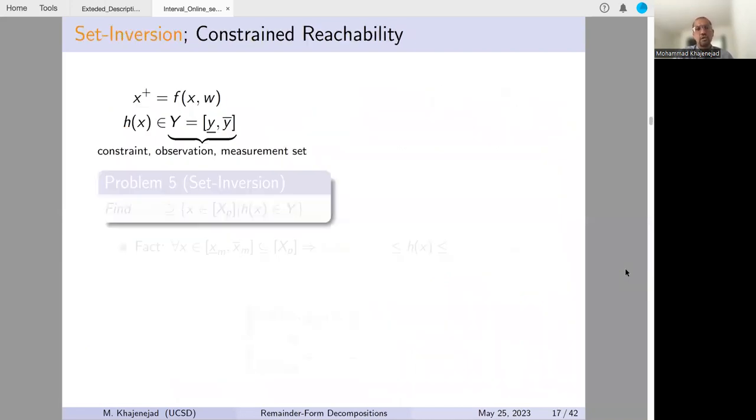However, as you know, in practice and in real applications, we usually have constraints, observations, and measurement sets on top of just our state equation, and we want to leverage this new piece of information to refine our propagated sets.